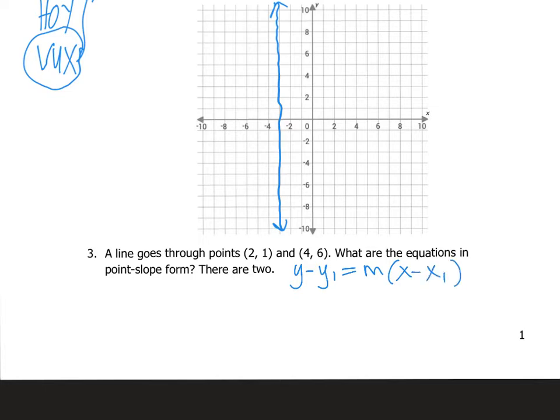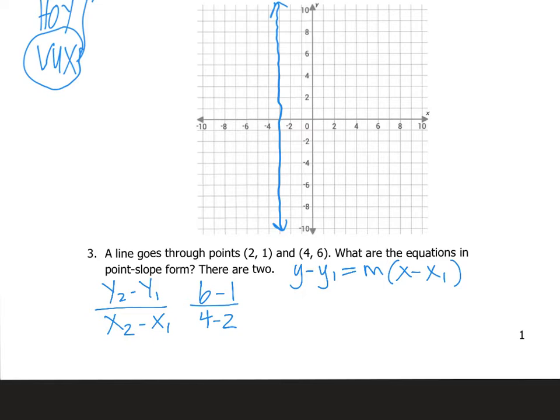So the first thing we need to do is find the slope. So we're going to do that by finding the difference in y over the difference in x. And so we have 6 minus 1 over 4 minus 2.